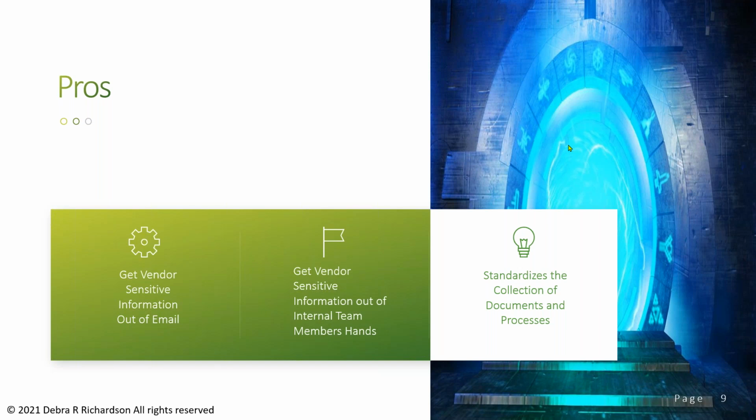And keep in mind, you had to have a process doc for each different process, and then for each different process you had to have a different one for each different ERP. And so standardizing the collection of the documents and that process really reduced our documentation down and just made it easier to onboard vendors or vendor team members.